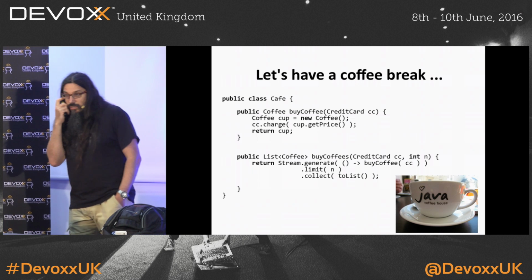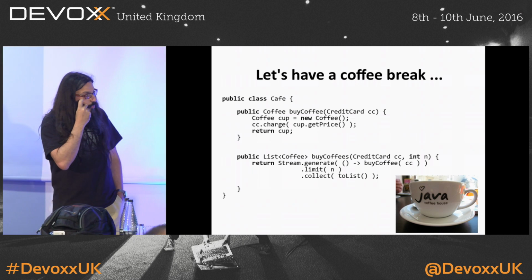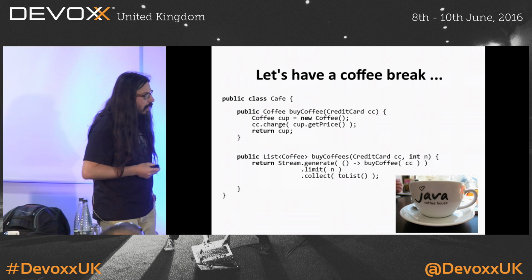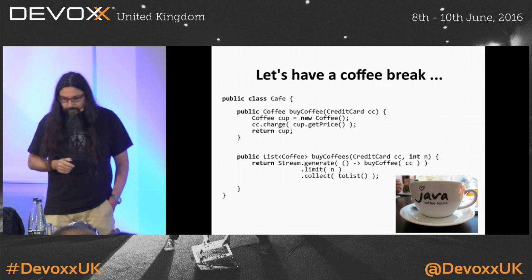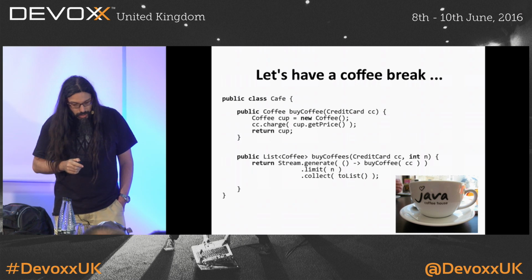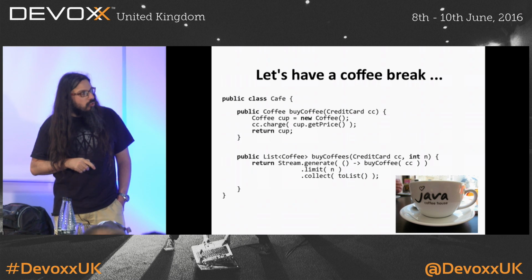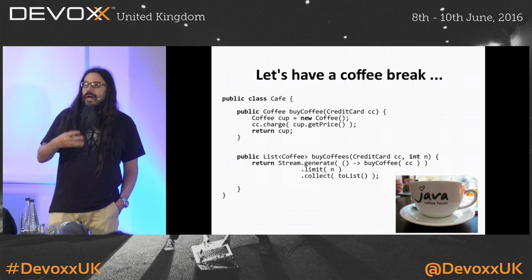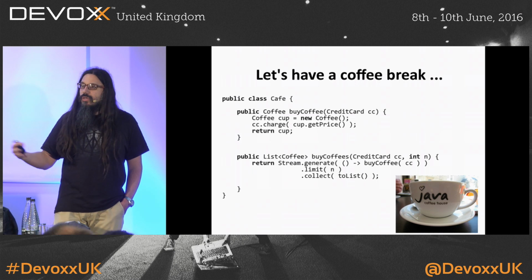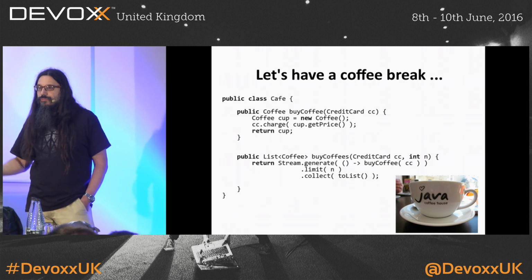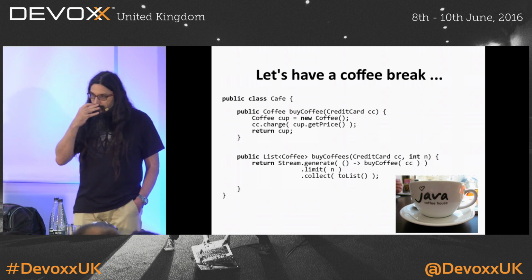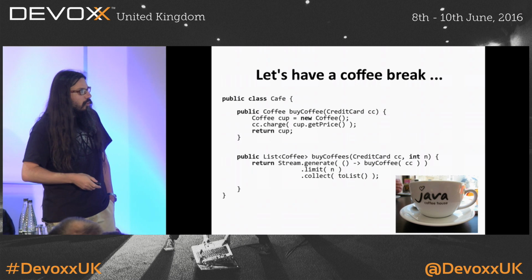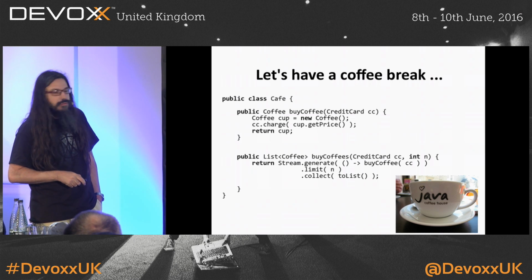What's the problem with this? Let's try to reuse this function to create another function, buyCoffees, that allows you to buy a given number of coffees. You are in the coffee shop with 3 friends, so you want to buy 4 coffees. So you want to use this method and pass a 4 here.